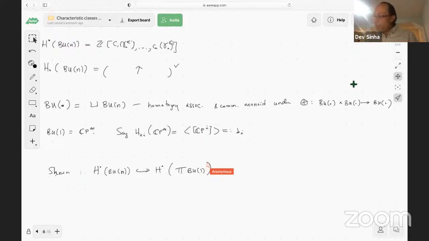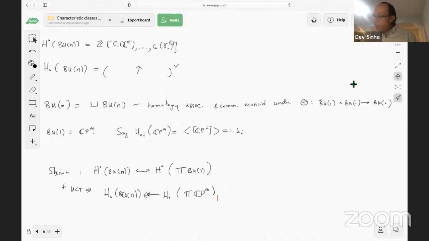Well, that plus the universal coefficient theorem is going to imply that, in fact, the homology of the product of, again, it's really CP infinities, maps surjectively onto the homology of BU_n. Free modules, Hom duality, can't get any easier than that.